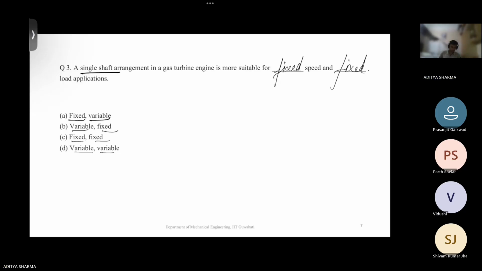So in that case, option C will be correct, right?